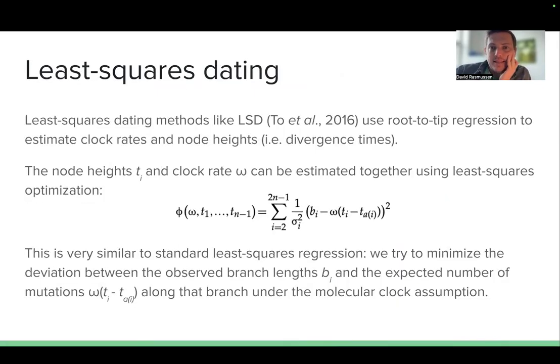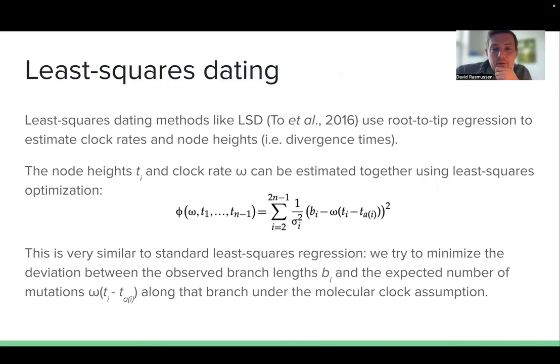And so in recent years, or at least the past 10 years, people have begun to use this idea to very quickly date or time calibrate large phylogenetic trees. There's one very popular method for doing this called least squares dating, which basically turns the tree dating problem into a least squares regression problem.